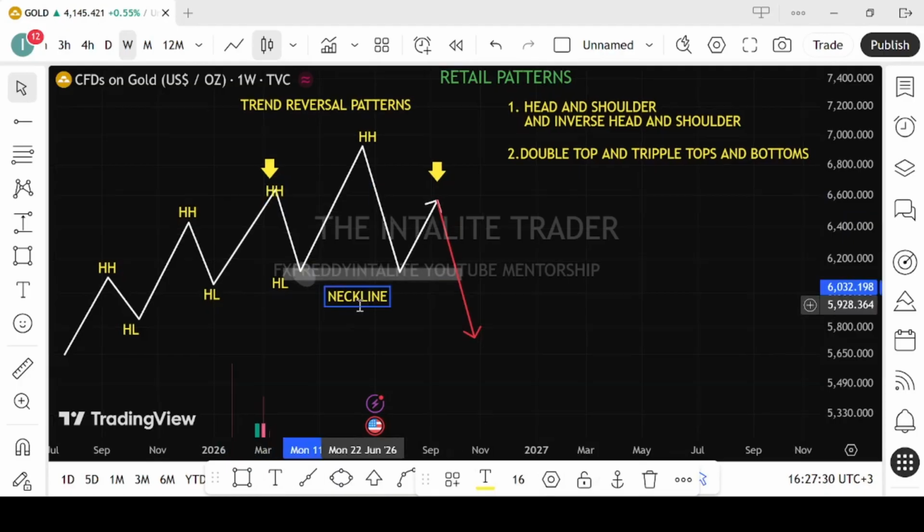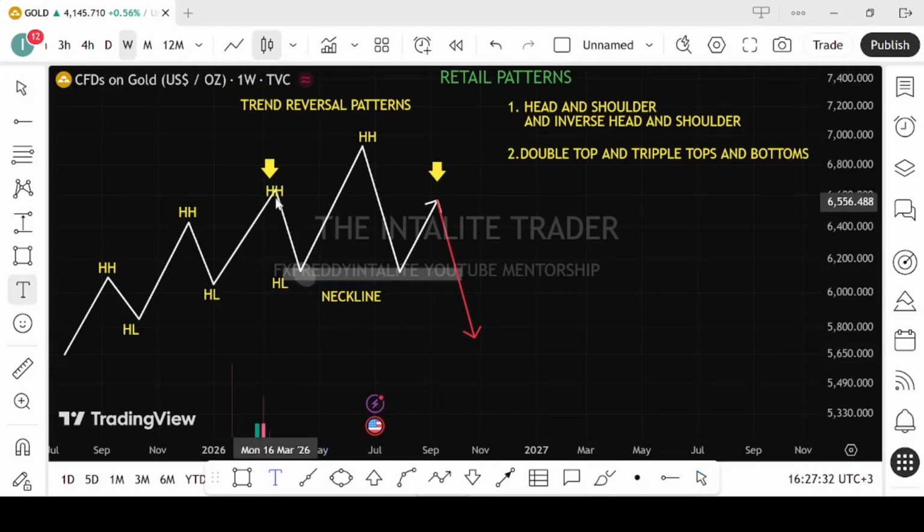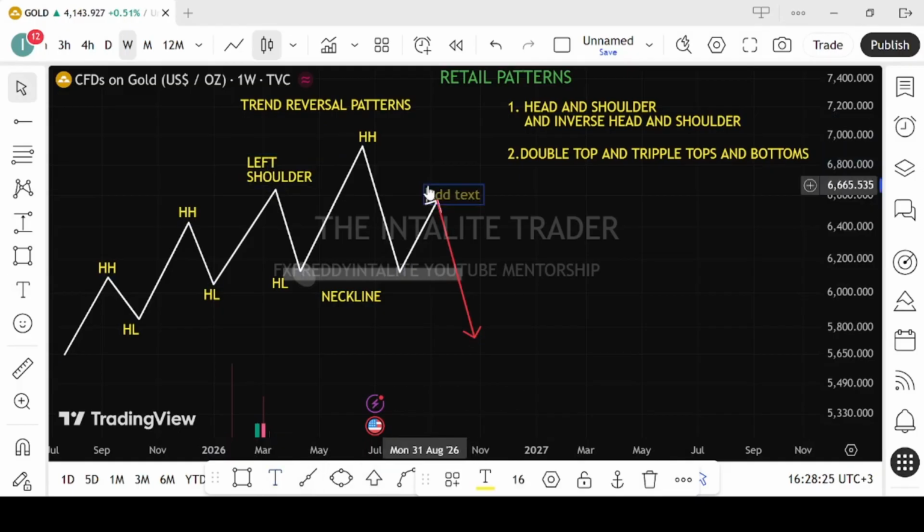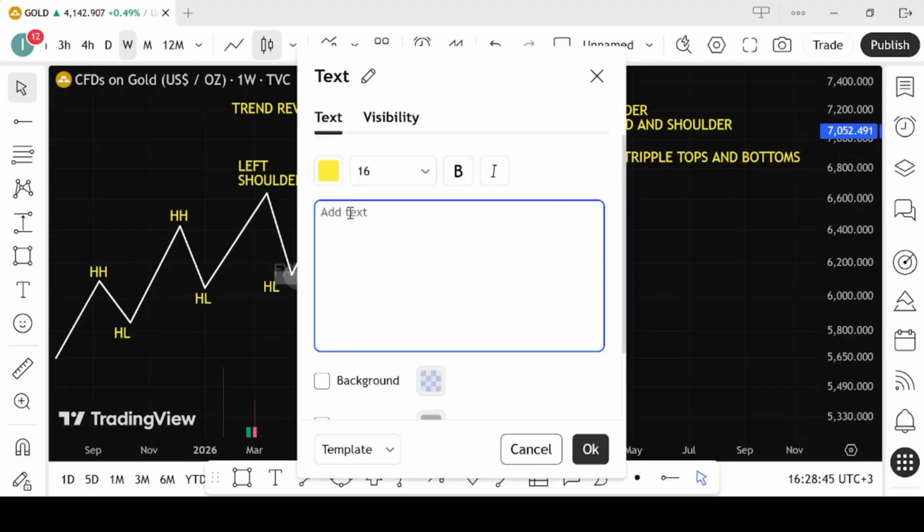We call this the neckline, and this one we call the left shoulder. Then this we call the right shoulder, and this one the head.